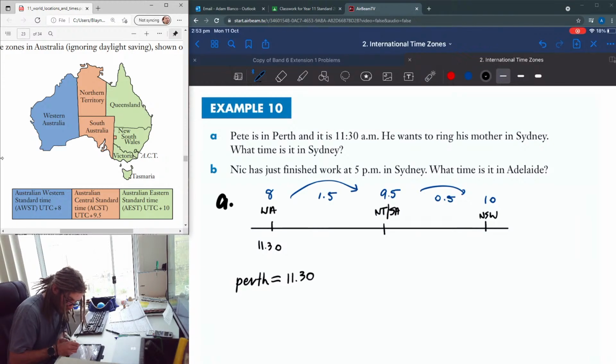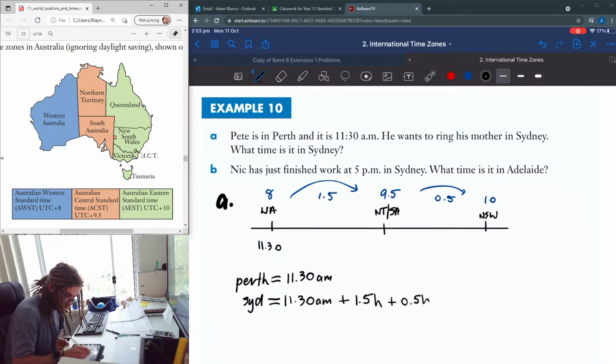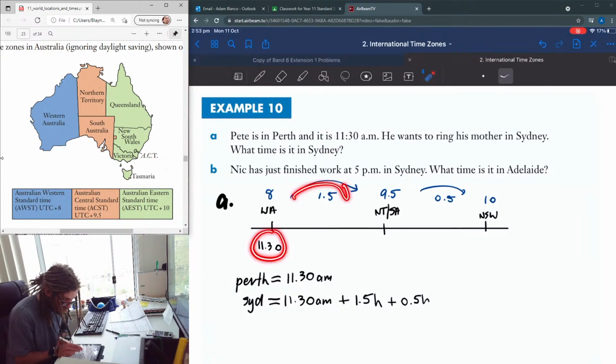That means my New South Wales or Sydney time is 11:30, keeping in mind that it's AM. I add 1.5 hours and I add 0.5 hours, and I end up with this.